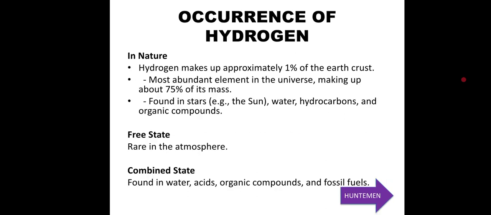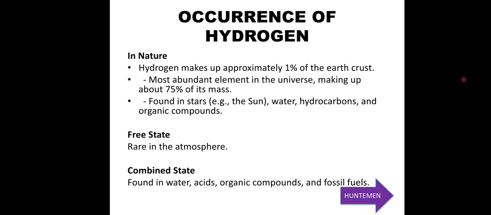Alright, where can we find hydrogen? In nature, hydrogen makes up approximately 1% of the Earth's crust, but in its abundant form, it is about 75% of its mass. Hydrogen can also be found in some celestial bodies such as the sun and the rest.